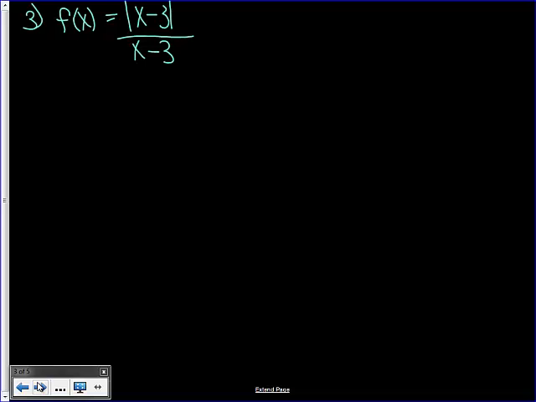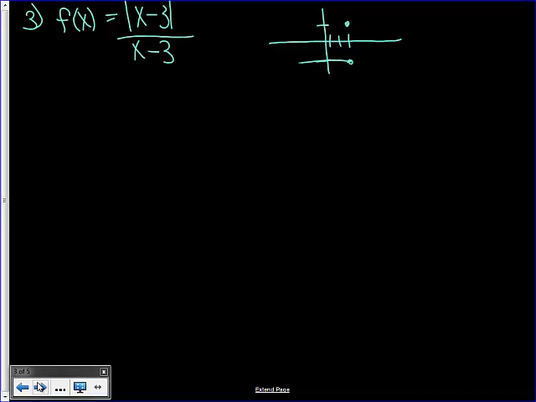Well, what we learned yesterday, if we have an absolute value function like this, it means I am going to have a graph that at 3, the values are 1 and negative 1.